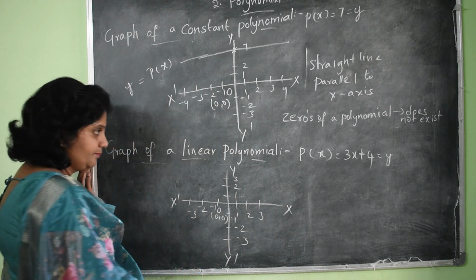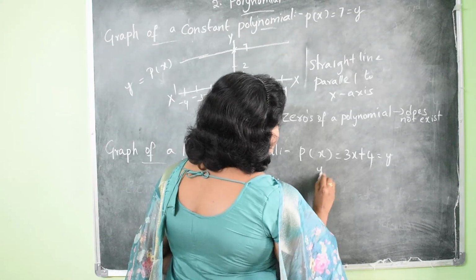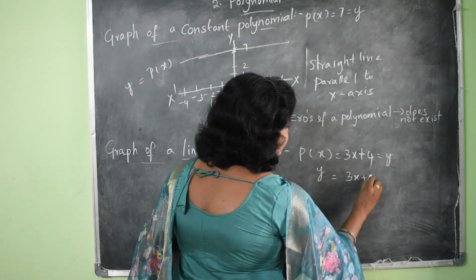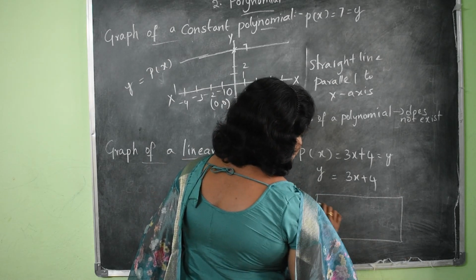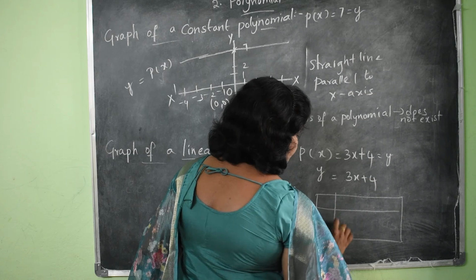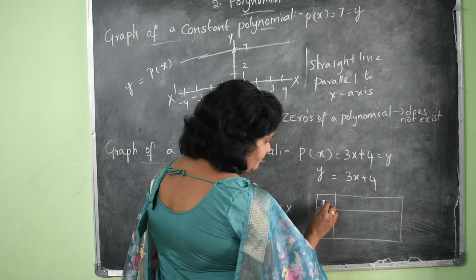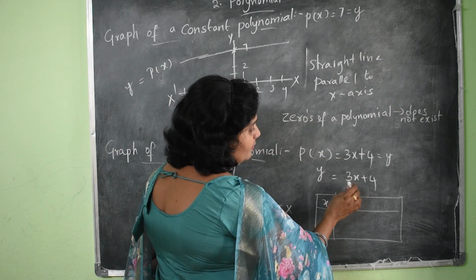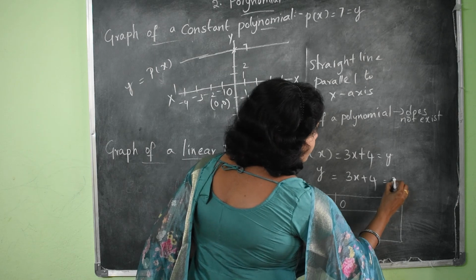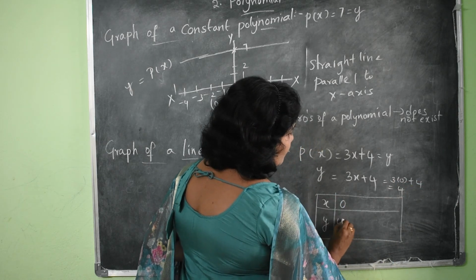Okay. So y is equal to 3x plus 4. Let us take a table. So the x value and y value we are taking. When I take the x value as 0, what happens? It is 3 into 0 plus 4, how much? 4. So the y value is 4.